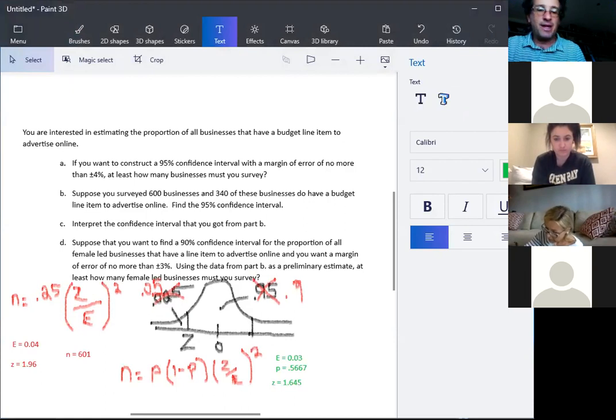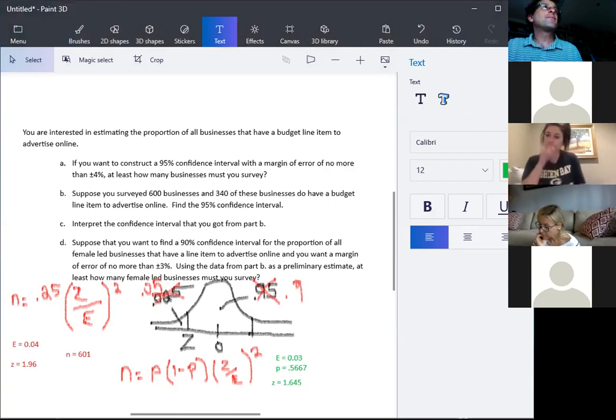So we get 0.5667 times parentheses 1 minus 0.5667, and then times 1.645 divided by 0.03, quantity squared. And round up, always round up. And what do you get?